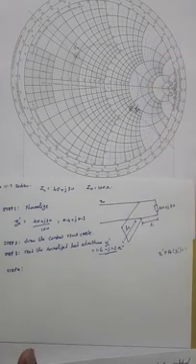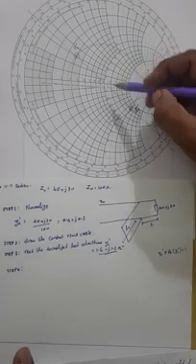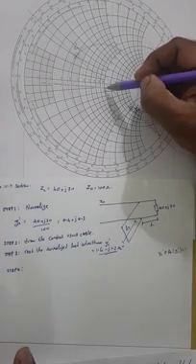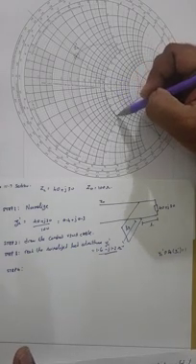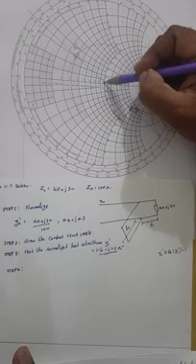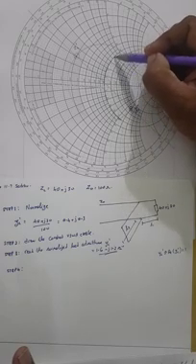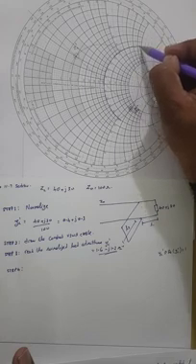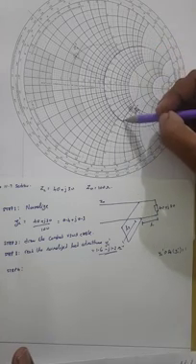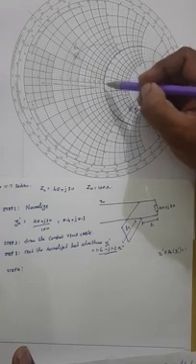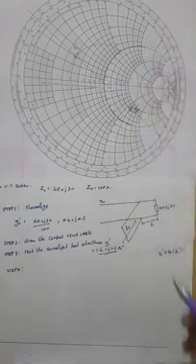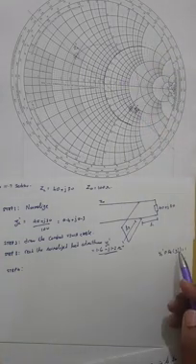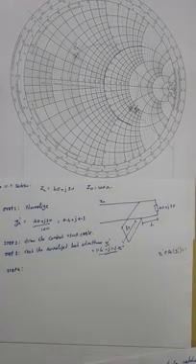So this circle here, let me get a pen and I highlight this circle here. Now this circle means that the real part of the complex impedance or admittance is always going to take a value of 1. So that is where you have impedance matching happening.